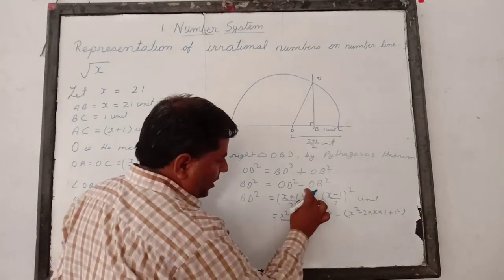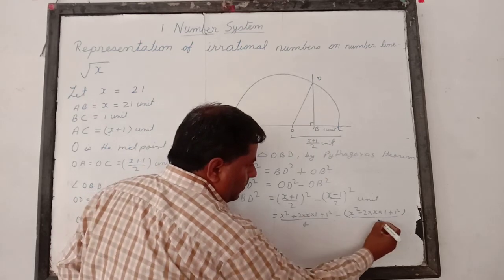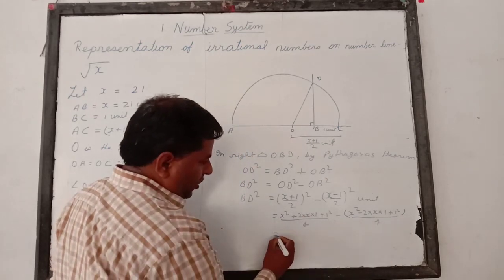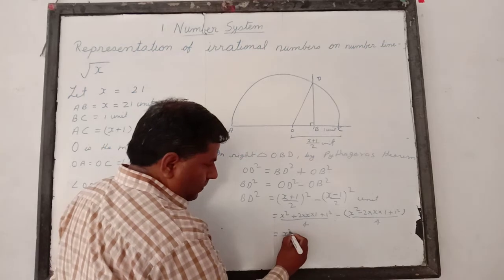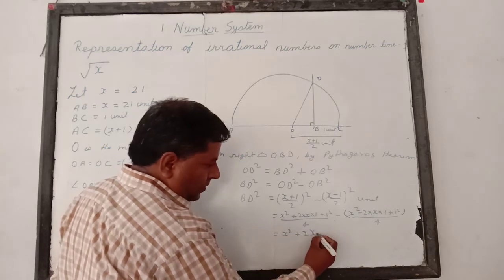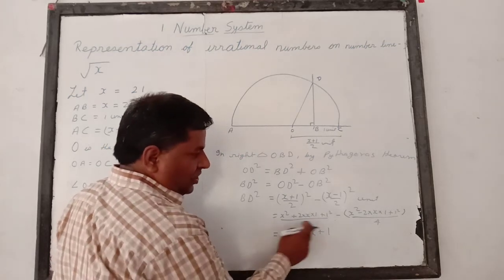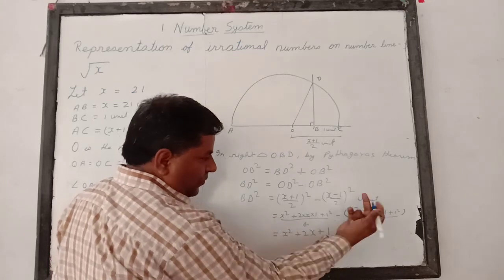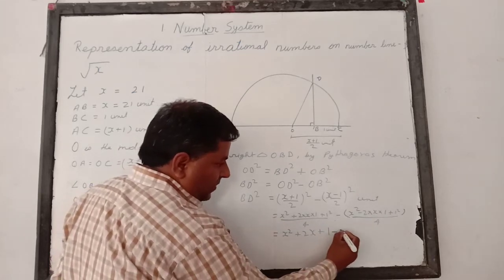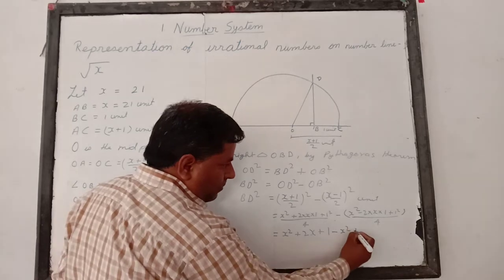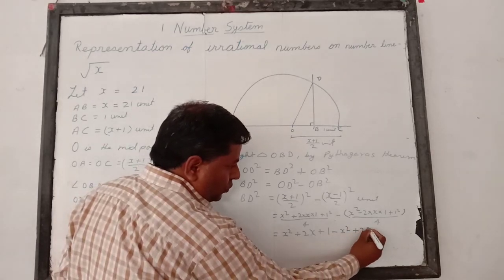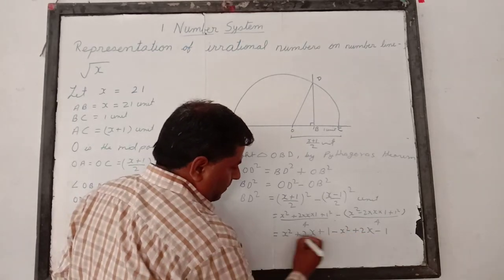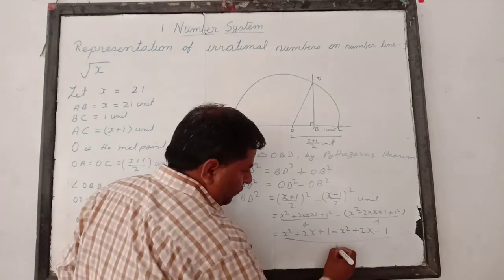Here 2 square is 4 and here also by 4. This is equal to x square plus 2x plus 1. You can see the denominator of both the terms are same. So we can just put it here, minus x square plus 2x minus 1, by 4.